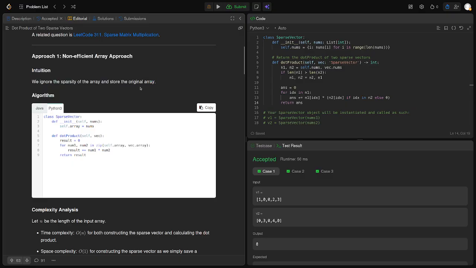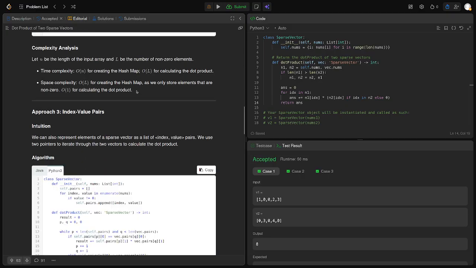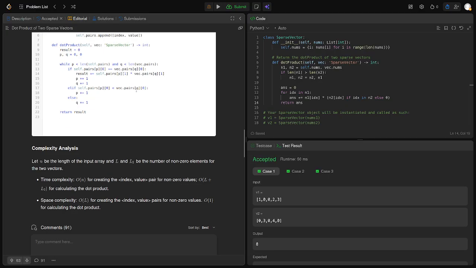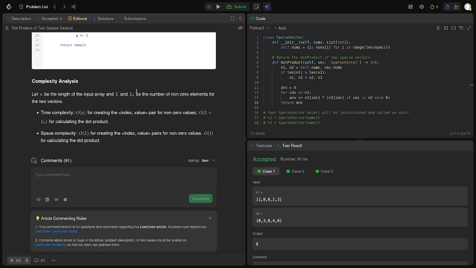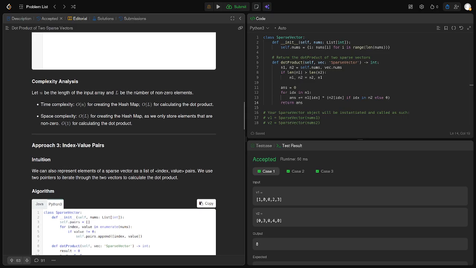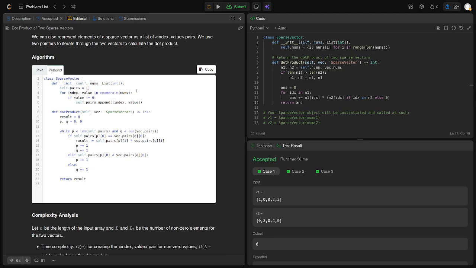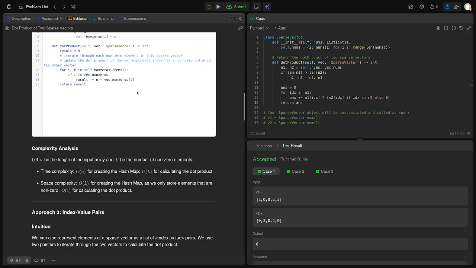non-efficient array approach. Hash table. Index value pairs. That's interesting.